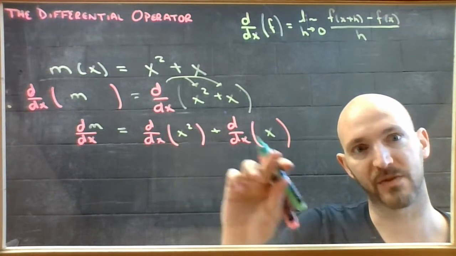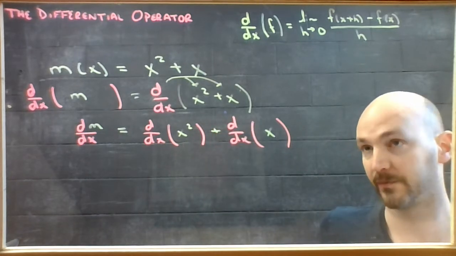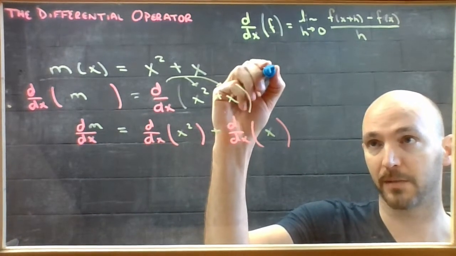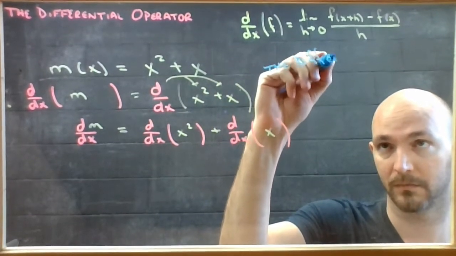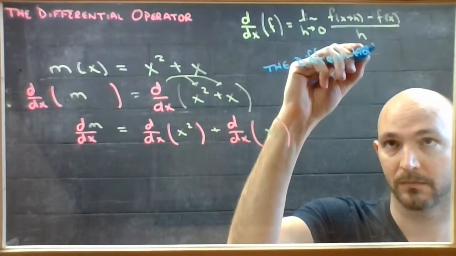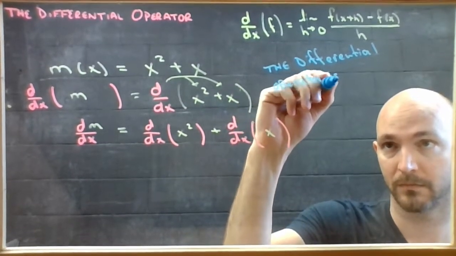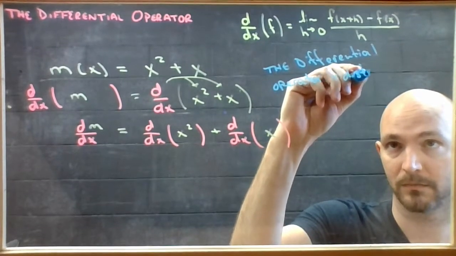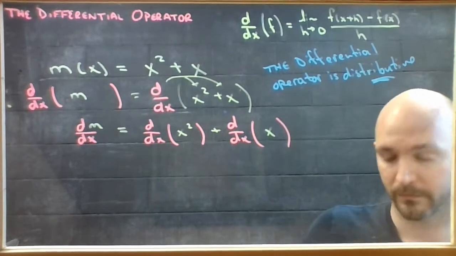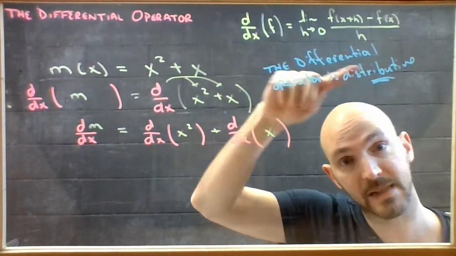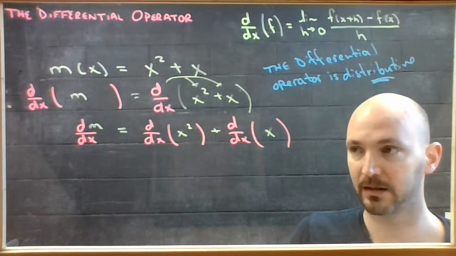So because I've distributed it, let me write that down. The differential operator is distributive. Because it has this property, I can just allow it to pounce on everything inside that bracket.